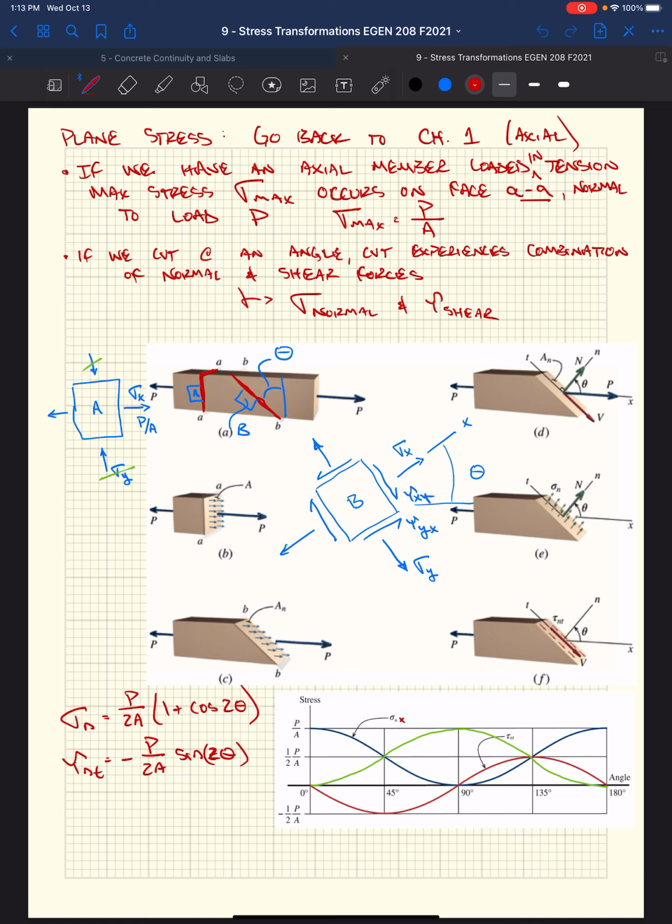We cut it at a perpendicular plane to understand what the normal stress is. But then if we cut it at an angle, we essentially develop these normal and shear stresses on that plane, whose components add up to the original axial load, right? So at an orientation, we essentially will get shear and normal stresses acting in an element, okay?